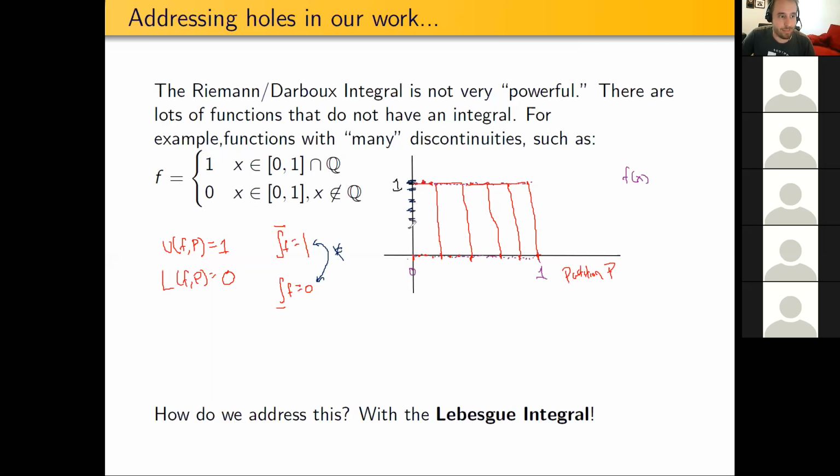So it breaks things up into small pieces along the codomain. And what it does is, let's say it takes some little interval around the height 1. It looks to see the set of everything that maps to that height. So in other words, it looks at all of these x values down here that map to the height of 1 or near 1.